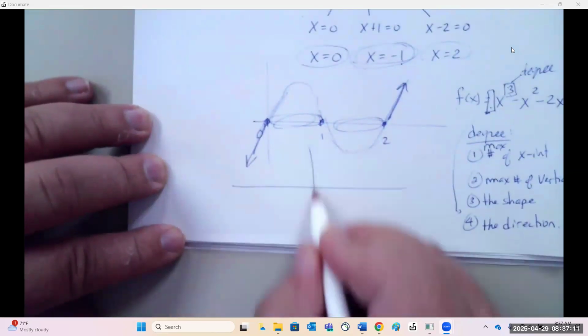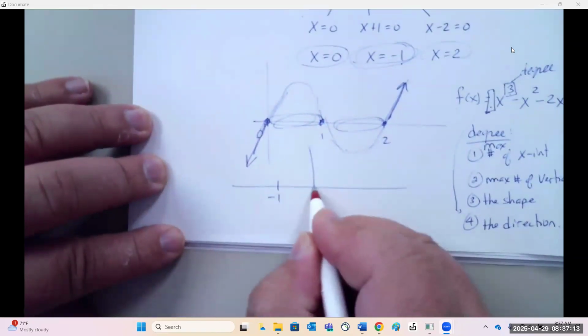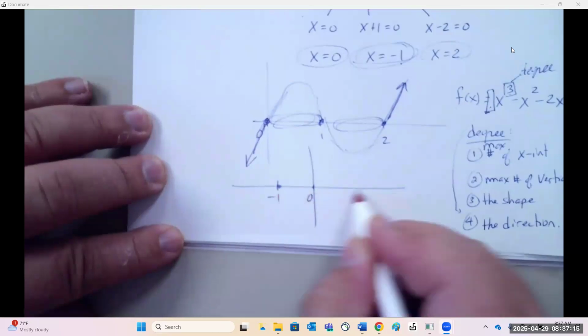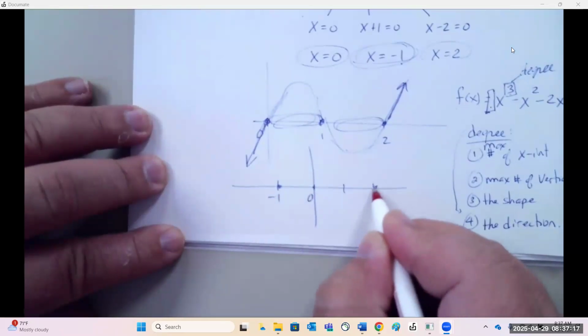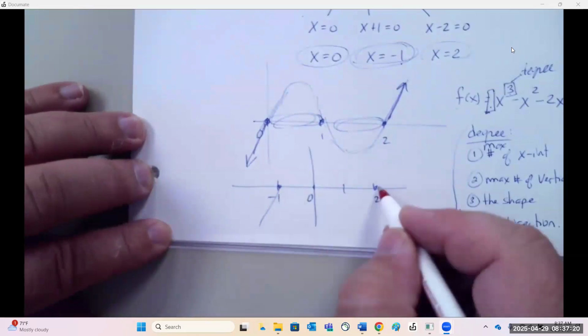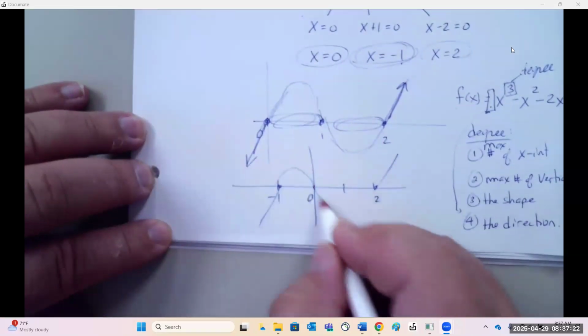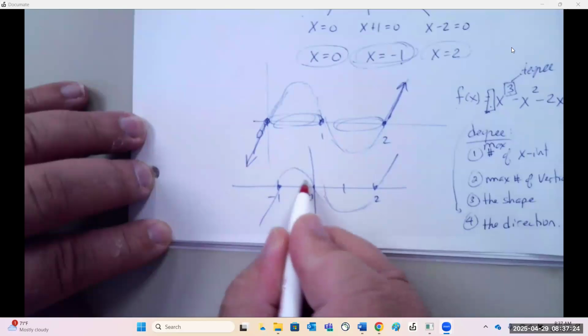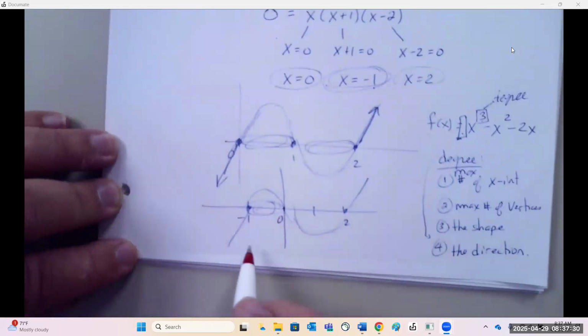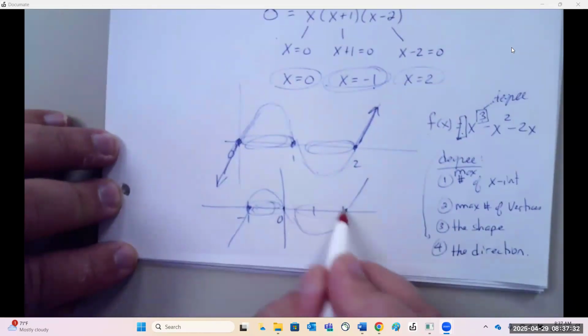We're going from -1 to 0 to 2. So our graph looks like this. So from -1 to 0, we're going to do that integral, and then from 0 to 2, do that integral.